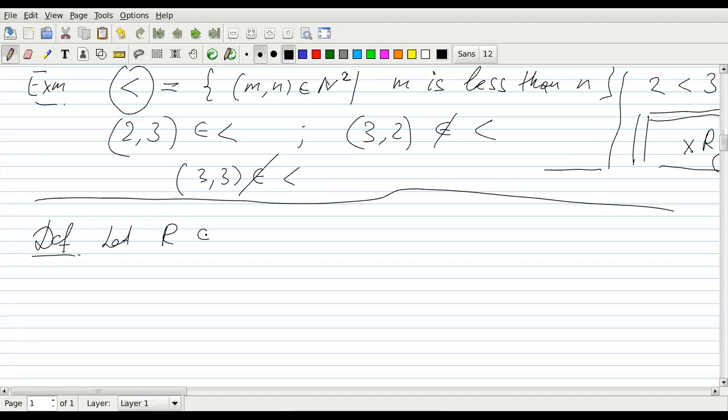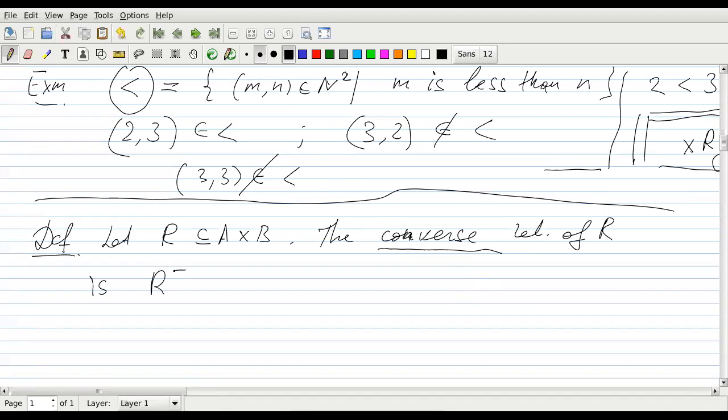Let R be a relation between A and B. The converse, not inverse. By the way, they use also the word inverse here, but it is somewhat worse, as it has some unneeded and, of course, unwanted connotations. The converse relation of R is written R to the power minus 1.